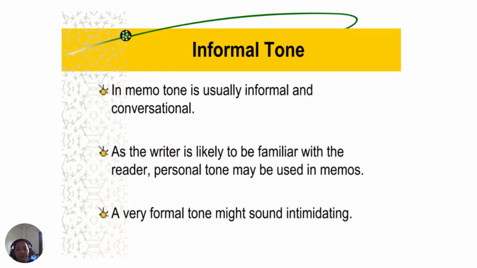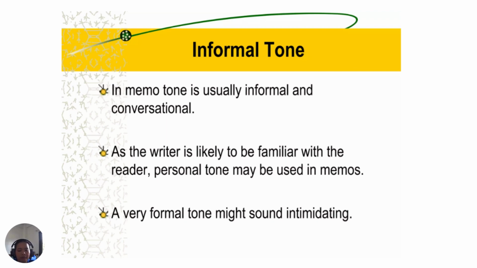Another one is informal tone. Informal tone, not really too informal. It doesn't mean that it's too informal, but when we talk about a memo, it should be somewhat conversational, in a way that the words are easy to understand. As a writer, you try to look into how the readers are going to read what is in the memo.